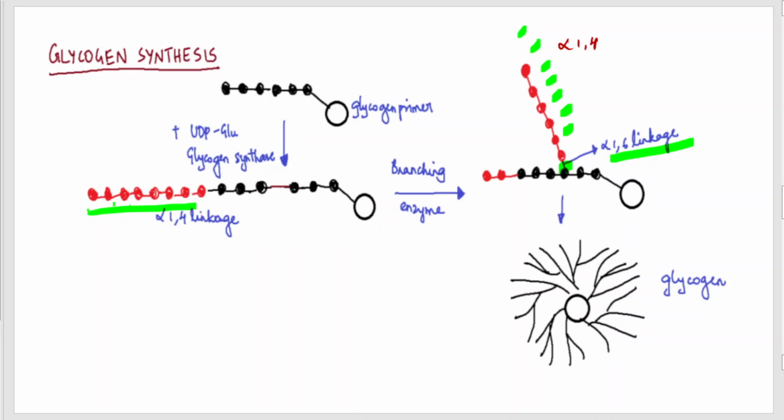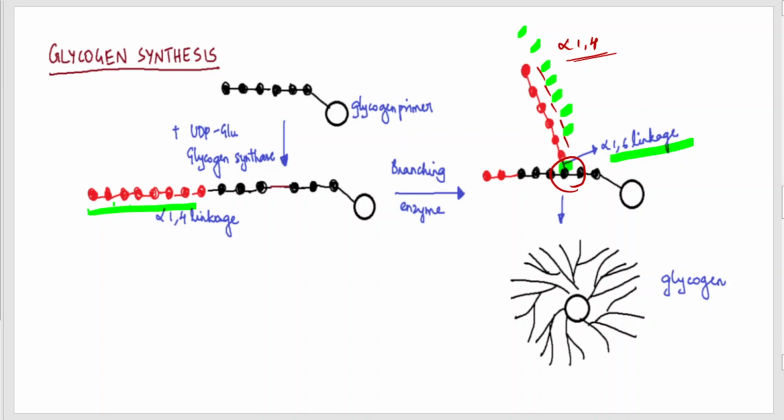So alpha 1,6 linkage is only found in the branch point, after which it is linear attachment of the glucose residues with alpha 1,4 linkages. At the branch point, what is the linkage? It is alpha 1,6. Linearly, what is the linkage? It is alpha 1,4.